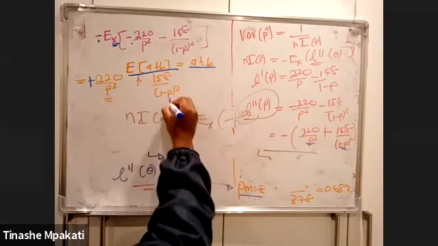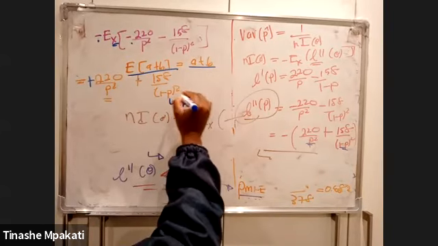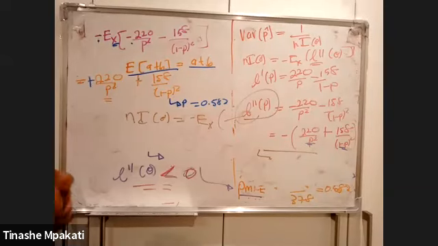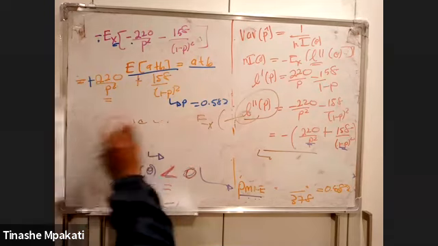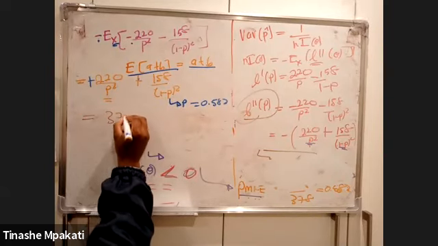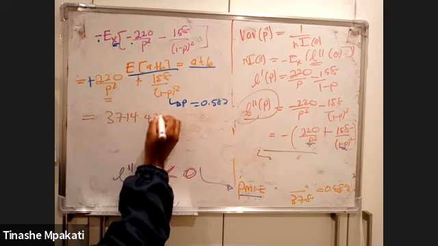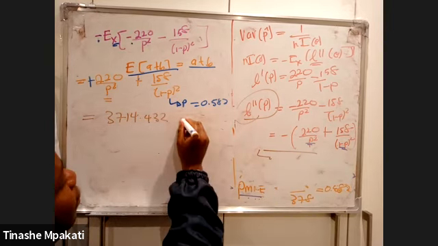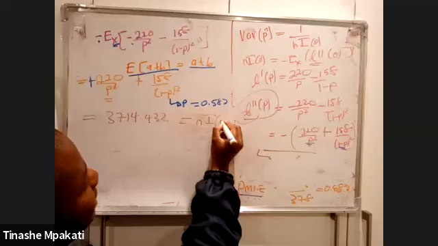But we've already estimated what p was, so you then substitute this here, which is 0.582. You take that estimate you had and plug it in there so that you have a value, and you would get that this term here will give us 3714.432, right? And remember, just a reminder, this function is actually just n I of p, right?